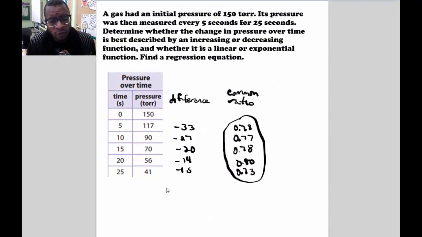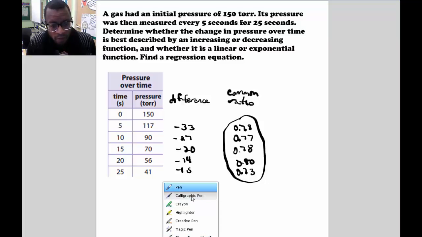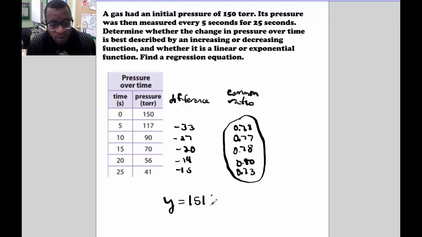So for this particular set of data, we get an exponential regression equation of y equals 151 times 0.95 raised to the x. Okay, so that is the end of today's lesson.